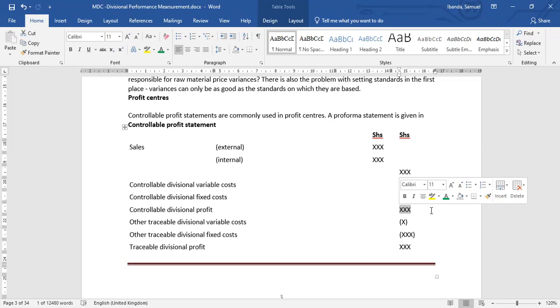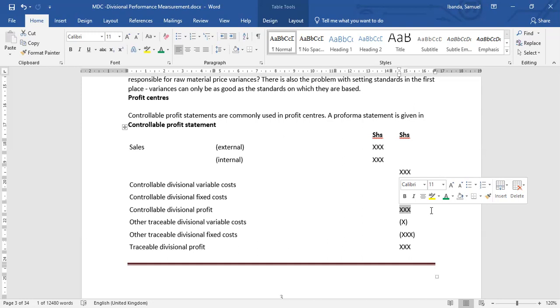Now, just to give you an example of a traceable divisional cost. You may find that we have, let's say, a Kampala branch, and then maybe a Gulu branch. We could have a cost, for example, for repair and maintenance of the office of branch Gulu.